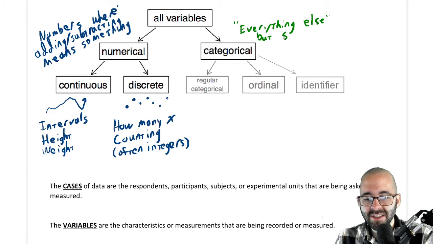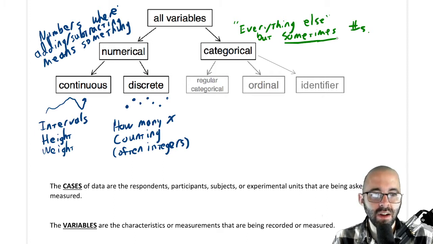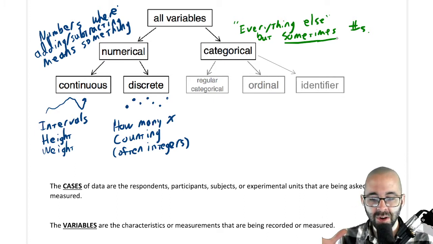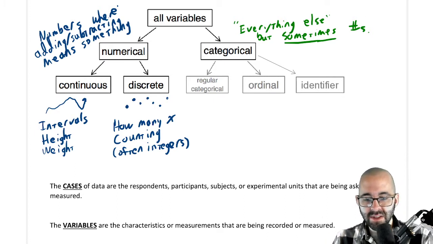But be careful because it's also sometimes numbers as well. Numbers can be both. That's the warning. Numbers can be either numerical or categorical, but if it's not a number, it's categorical.